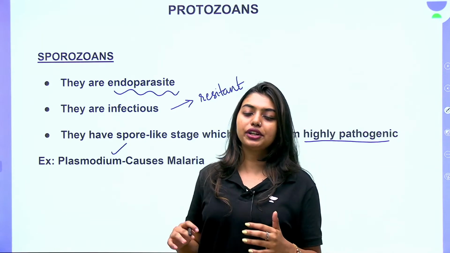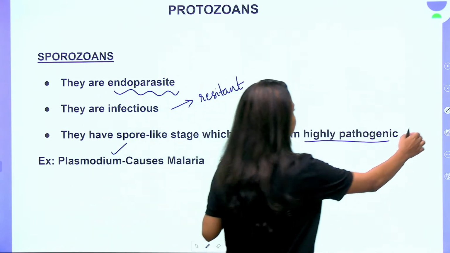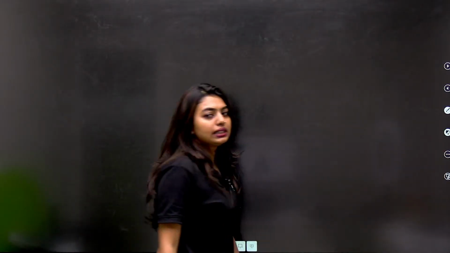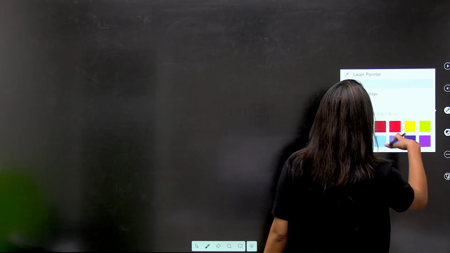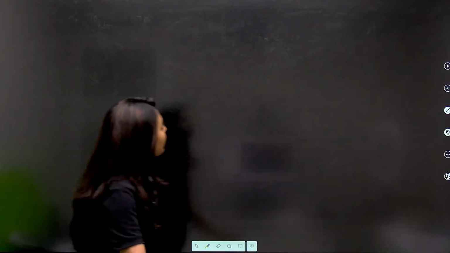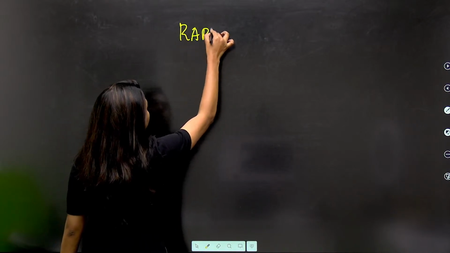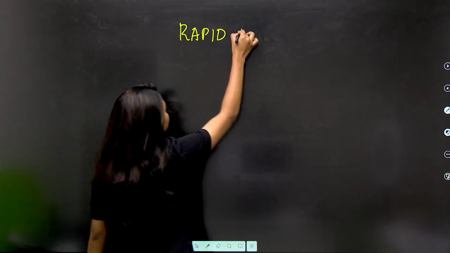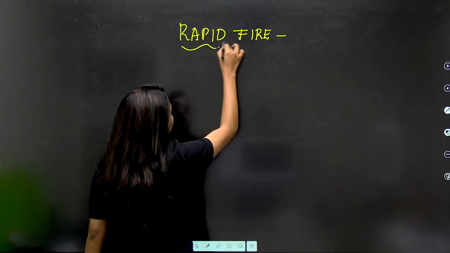Got it? Now, shall I ask you questions? Ready? Rapid fire? Rapid fire round 2 this is, right? Students, this time you have to be quick. First come, first serve.